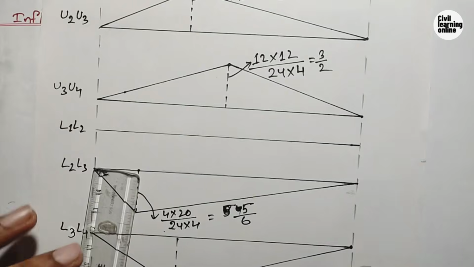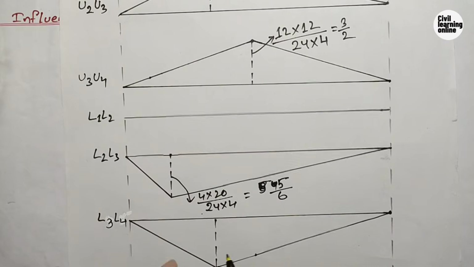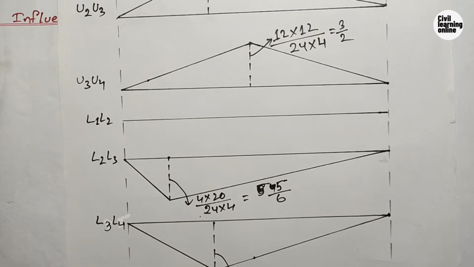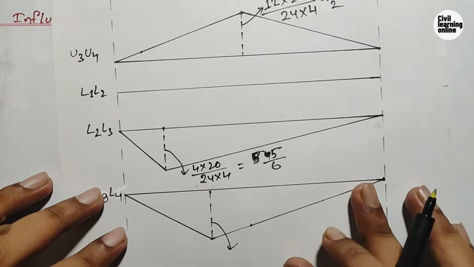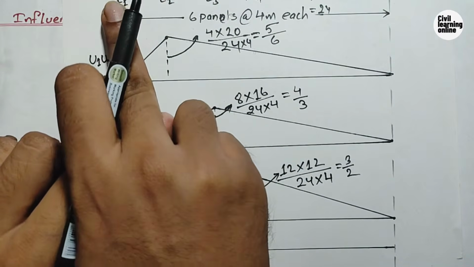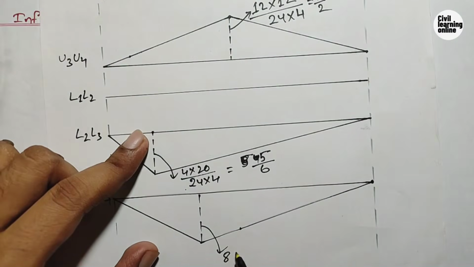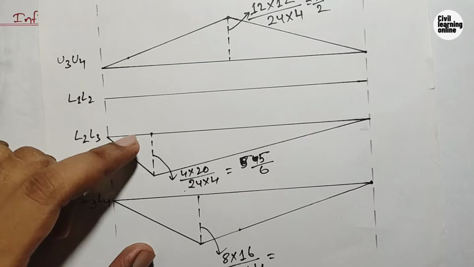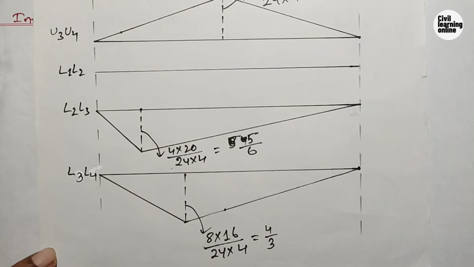Now calculate the height of this influence line diagram. And how can we calculate the height? Again we will use the same concept, A times B by whole span multiplied by h. So here for L3 L4, our A is going to be from L1 to L3, means 4 plus 4 is going to be 8, multiplied by 16 divided by whole span multiplied by height, and from here we will get L3 L4 equals 4 by 3.